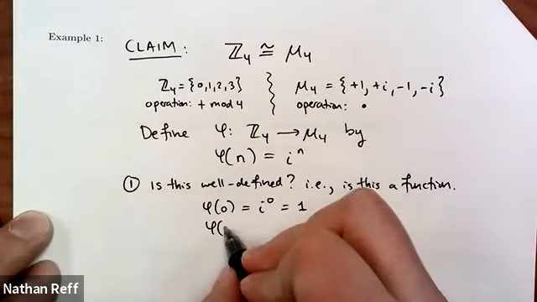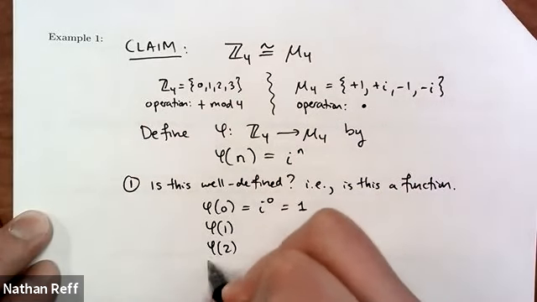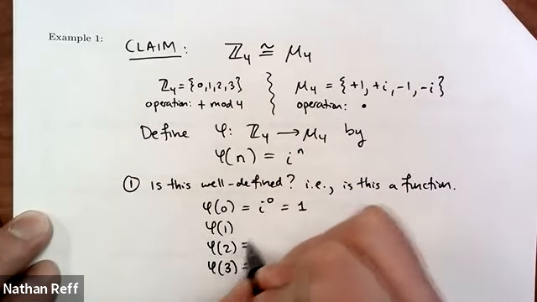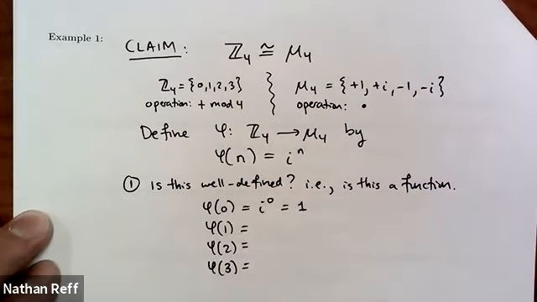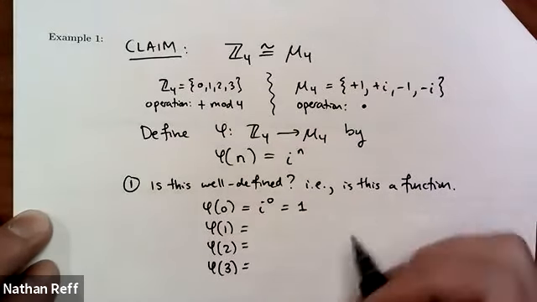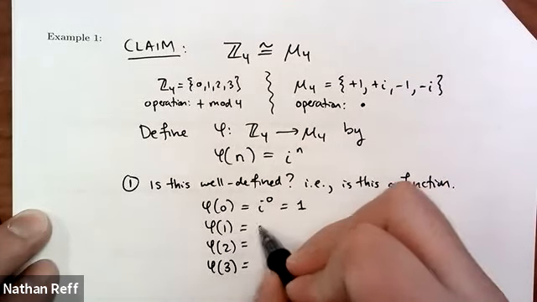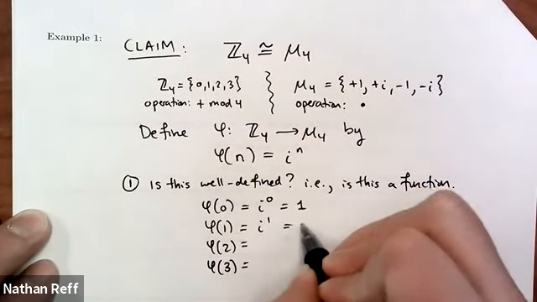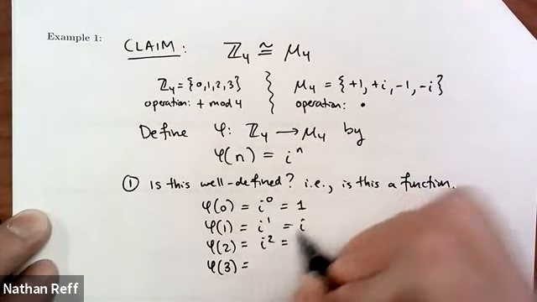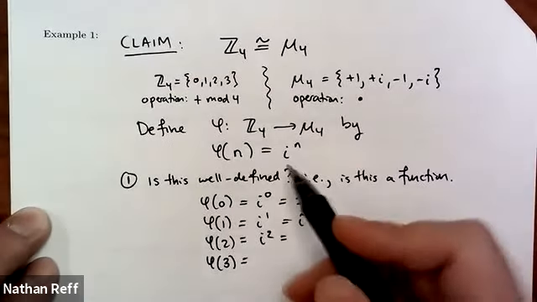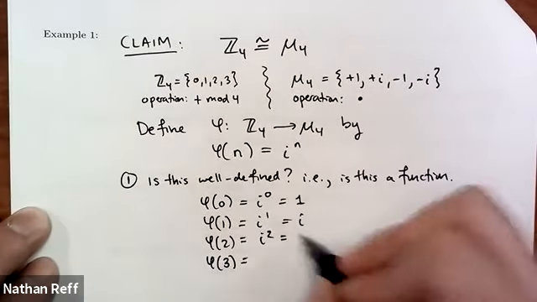Okay, so what's phi of 1? What's phi of 2? What's phi of 3? And as long as I'm getting something in the codomain each time, just one element, then I'll be okay. All right. So i to the 1 is i, and then i squared. Remember, i squared has that special definition that it is -1.